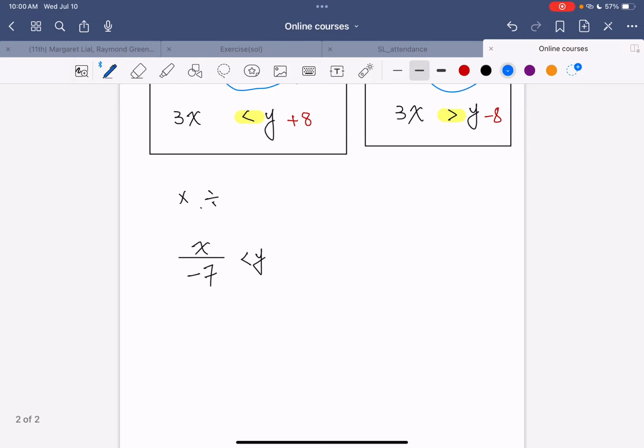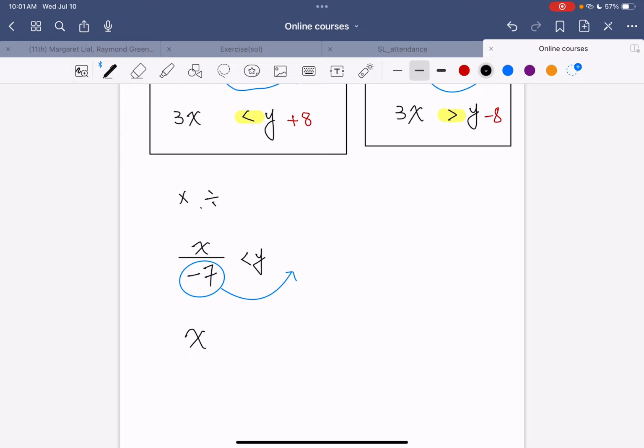If we want to move the minus 7 to the right, then we have to multiply each side by minus 7.